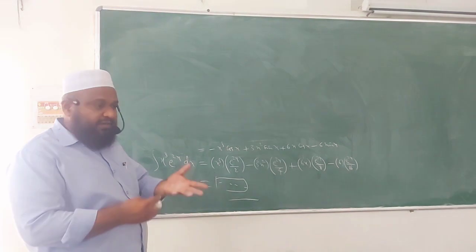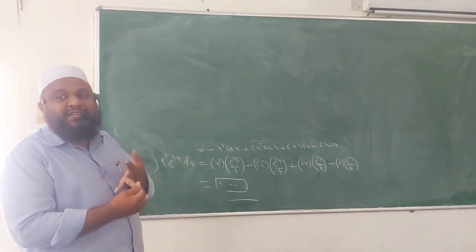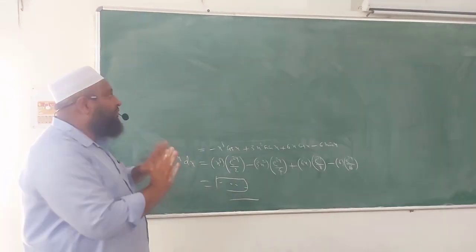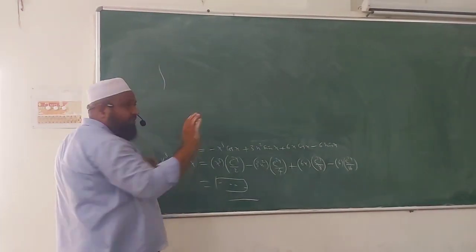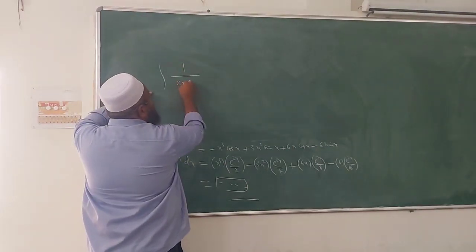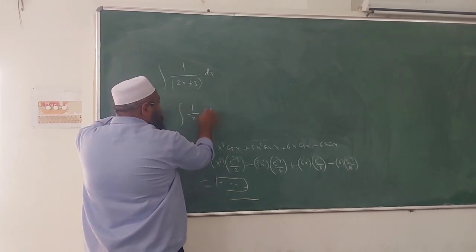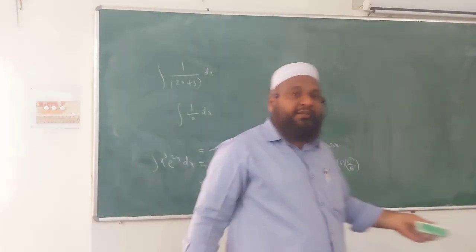I mean to say that trigonometric identities you can use, transformations, all these things. For a simple problem now, I am not talking about trigonometric functions, just a simple, what is integral 1 by 2x plus 3 dx? We discussed integral 1 by x dx, but we didn't discuss this one. So how this can be settled now?